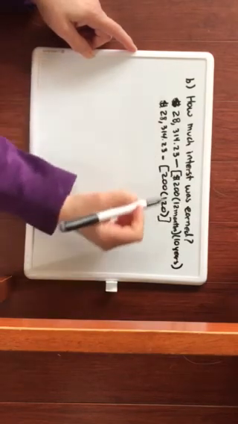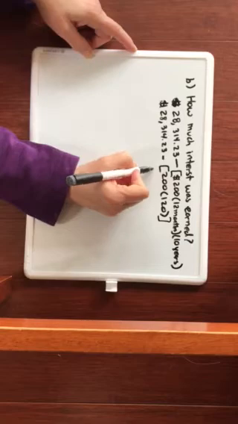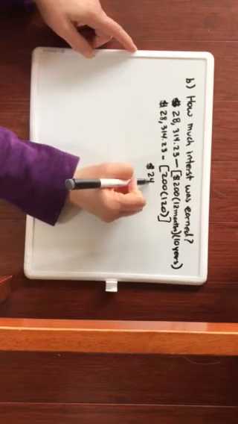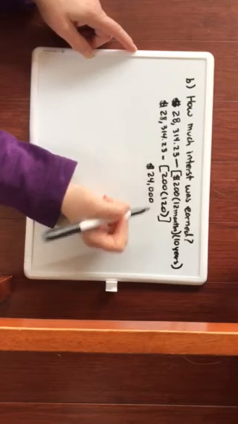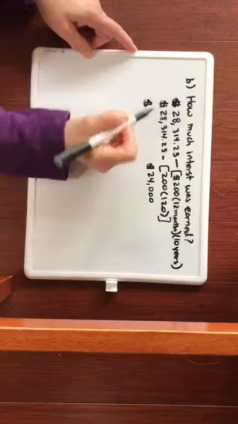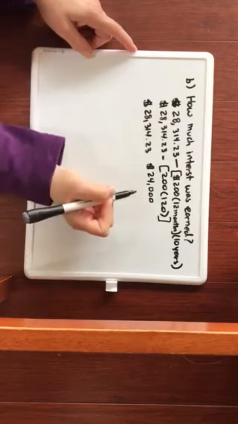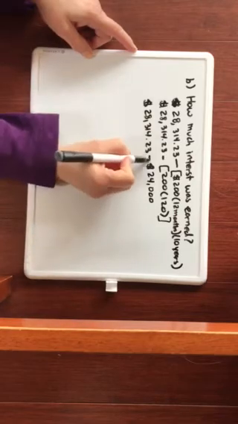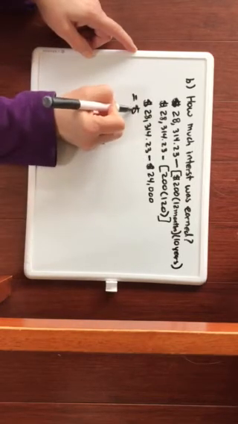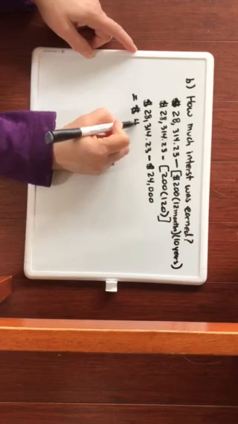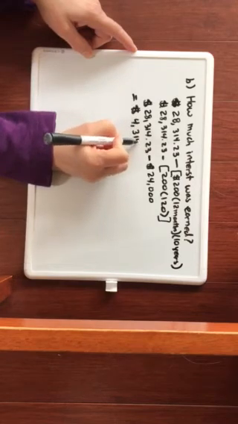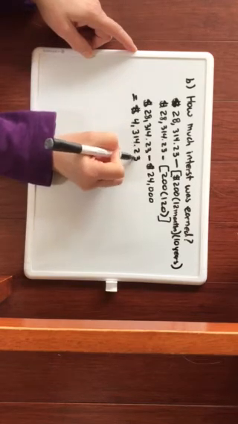Okay. Now that ends up being $24,000 that we had deposited in 10 years. So we subtract that amount and we end up with $4,314.23.